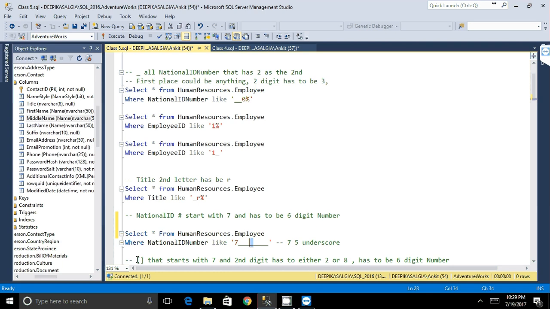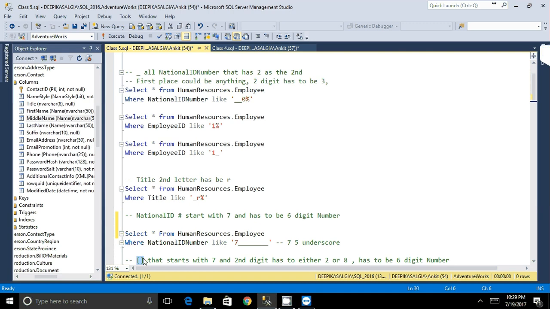So wherever you put this square bracket and you put in between in the square bracket all those numbers, it can be any of them, but it represents the single digit, like underscore. It only helps you to put the range, or it helps you to put the specific numbers that you're looking for.